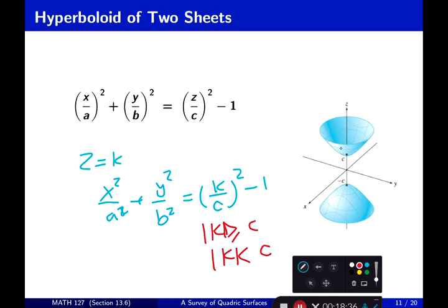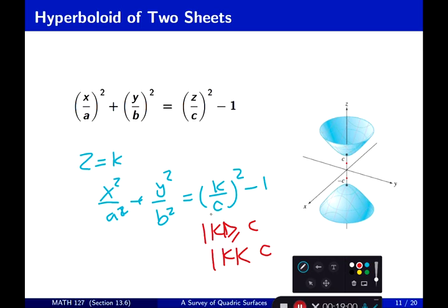And that's kind of obvious in here. See all these cross sections where k is between negative c and c, there's no value of the surface for those cross sections.